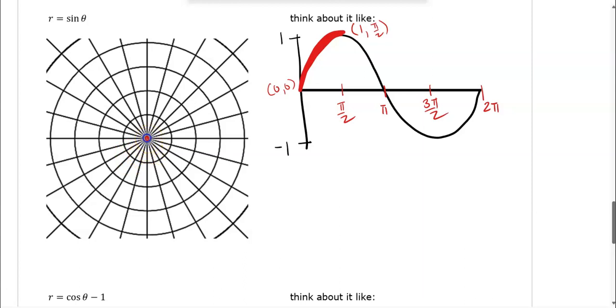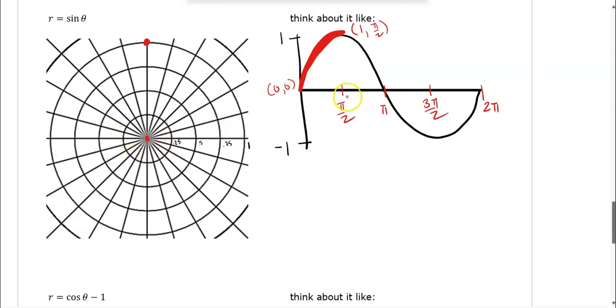So I'm going to start here at the pole. And at pi over 2, I'm going to go out to 1. And again, just like on the last one, I'm going to call these 4 circles out. So basically, we're going by 0.25 around the circle. Obviously, I'm not going to have any decimals, but that's what we're doing. Okay. And so now I'm going to go ahead and connect those dots.